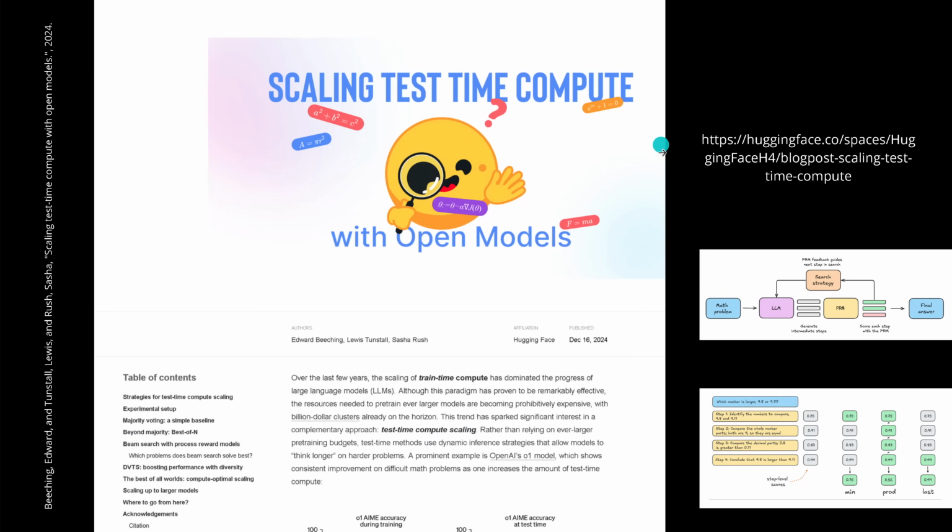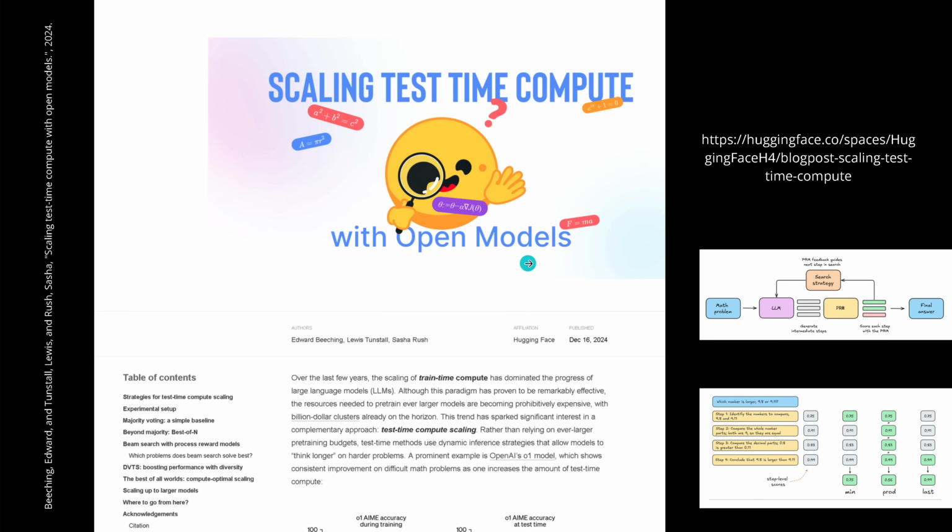And if you want to see this in action, I would recommend this literature from Hugging Face, December 16, 2024, those are the authors. Here you'll find the link to the Hugging Face blog post. They explain this, if you are a beginner, in a very beautiful way. They tell you what is happening here, how test time compute scaling works.